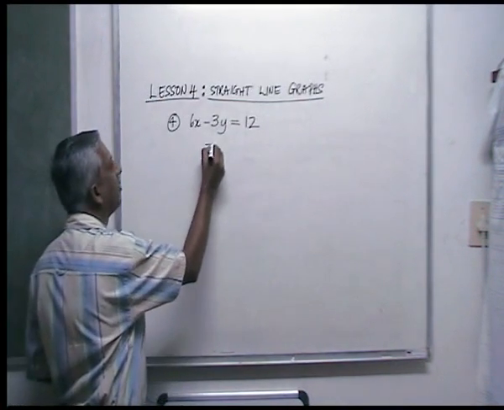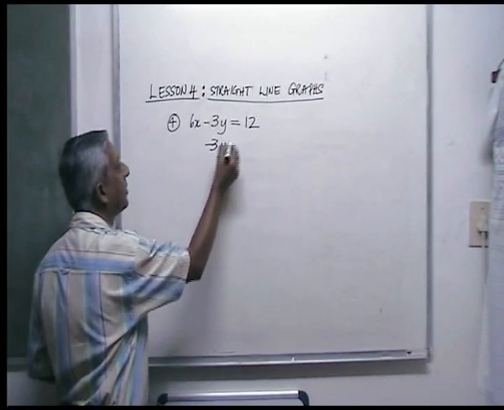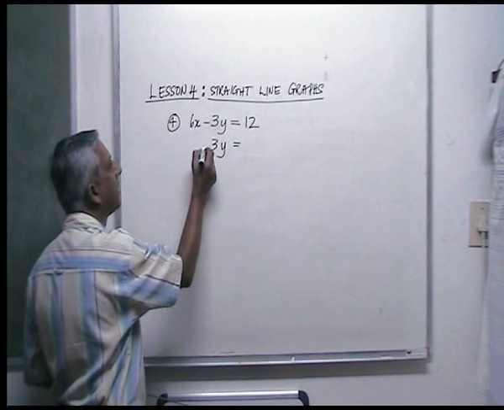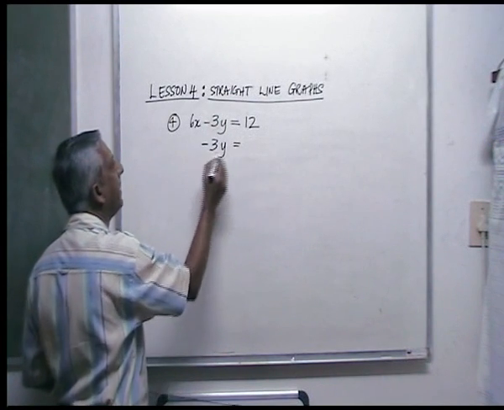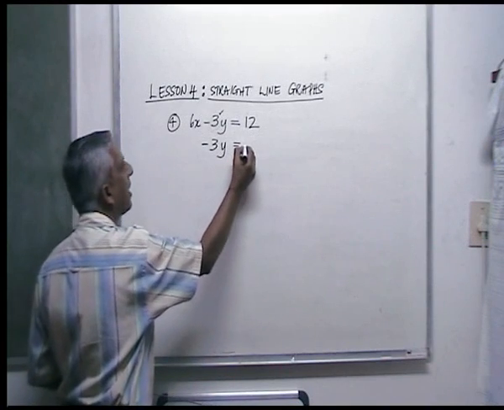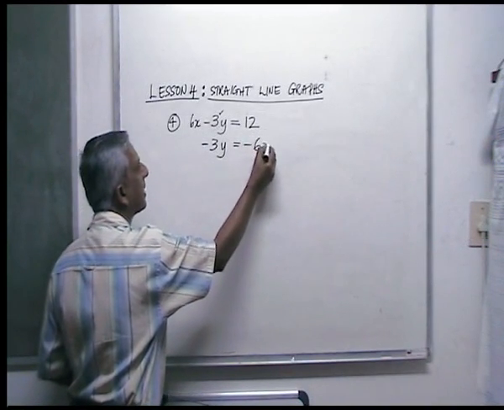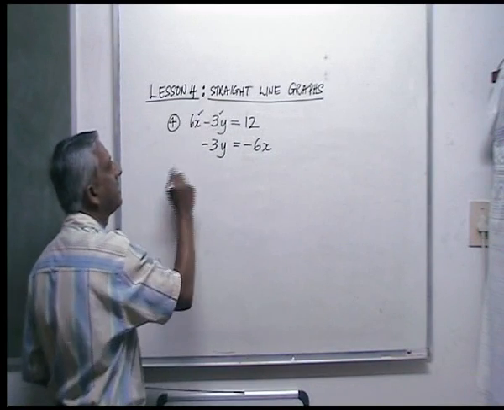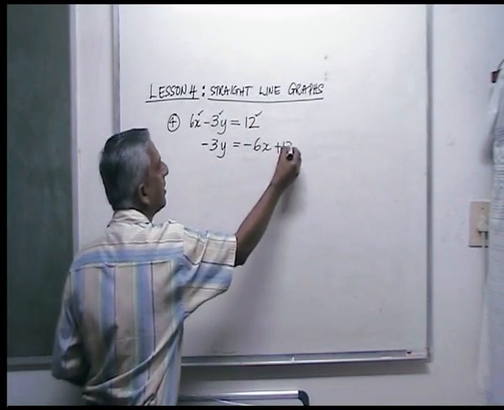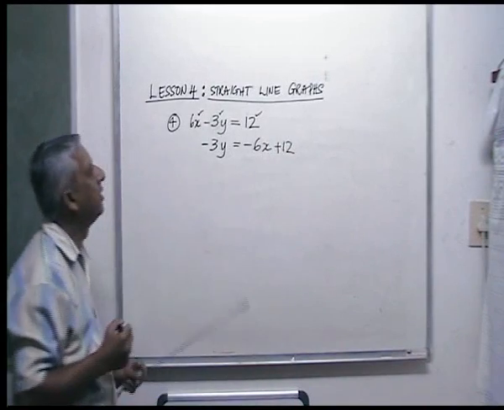If I leave it on this side, it will be minus 3y. It is still on this side. Now let me take the 6 on that side, it will become minus 6x. And then let me bring the 12 down, so it will be plus 12, because I just brought it down.